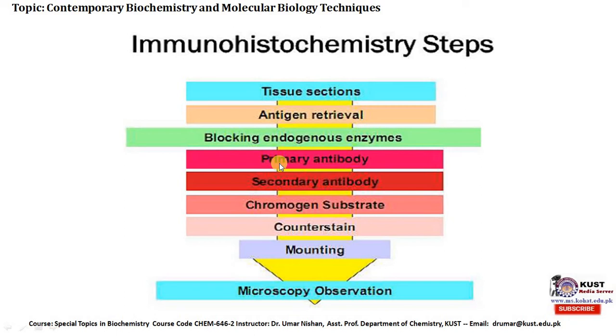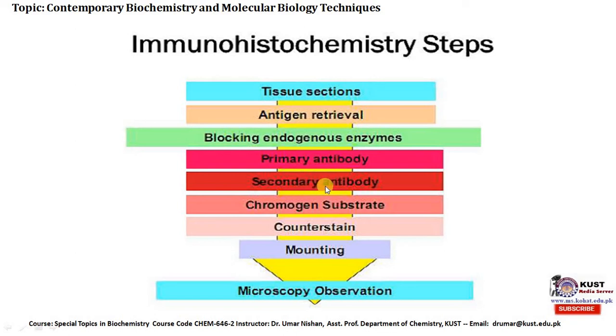Now, in case we do an immunohistochemistry experiment, and the primary antibodies are not attached because the antigen against which they were directed was not present, secondary antibodies will also not be able to attach because the primary antibodies will be washed away. Now, in case the antigen that we are looking for was present, primary antibodies will react with that, and they will strongly bind with the antigen, and even if we wash many times, the primary antibodies will not be washed away.